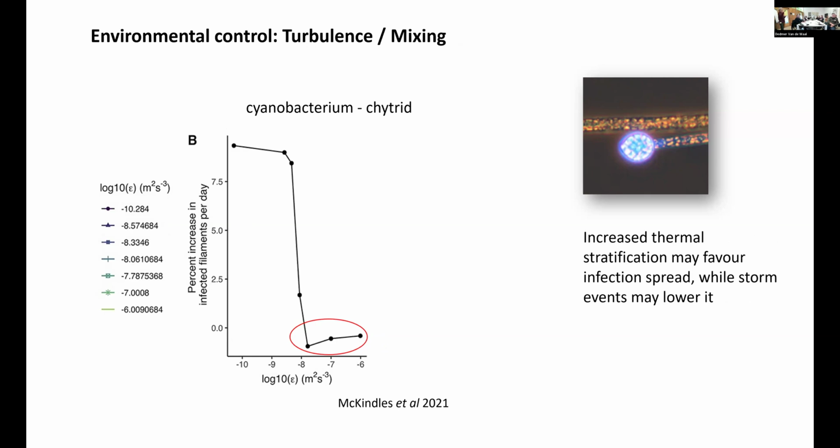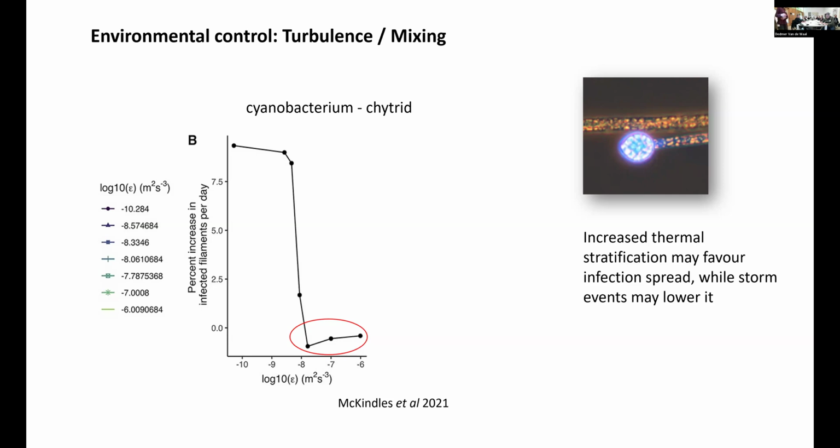We have these tiny zoospores swimming around, trying to find a new host in this big ocean. Directional transition. They can't swim against the current. Yeah, they just kind of get carried somewhere else.